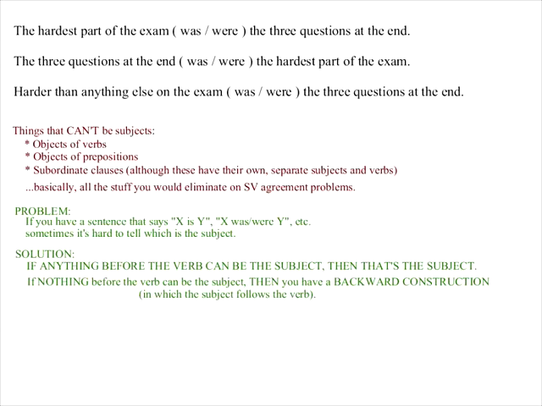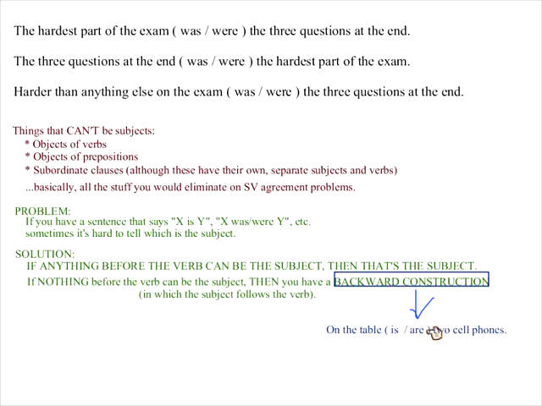Let me give you an easier example of a backward construction before we go to those examples that are up there. An easier example is if I tell you something like, on the table, let's say we've got something like this, is or are two cell phones. Everybody indicate in the text box whether this is or are. Okay, excellent. Everybody's got this one right.